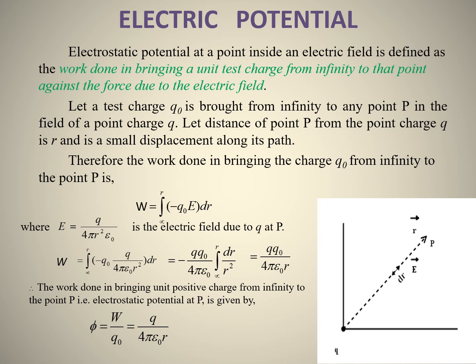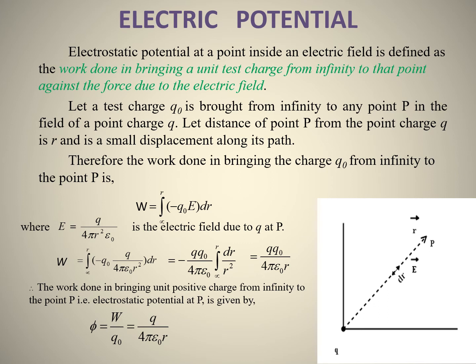Electrostatic potential at a point inside an electric field is defined as the work done in bringing a unit test charge from infinity to that point against the force due to the electric field. Let us understand this definition with the help of the diagram.